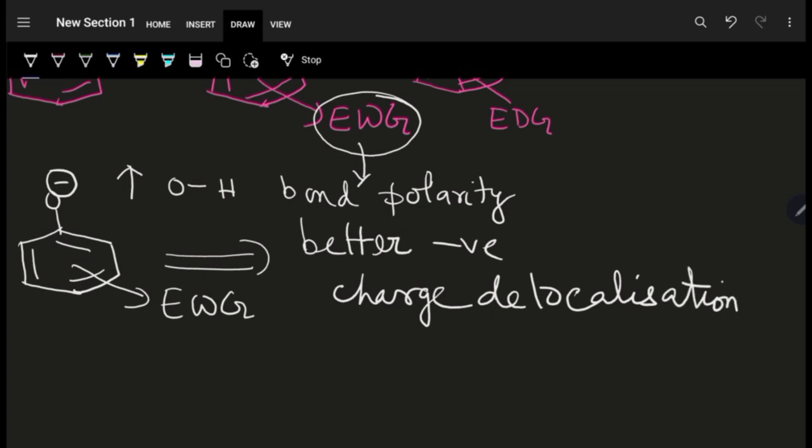Delocalization means flowing out. Due to the electron withdrawing effect of the group, the negative charge goes towards the electron withdrawing group, and that is known as delocalization, flowing out of the charge.